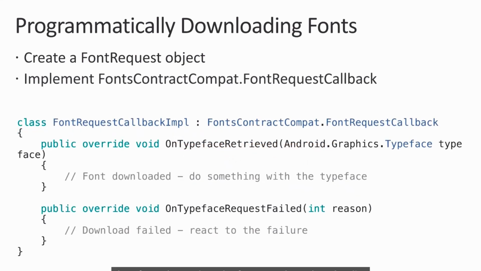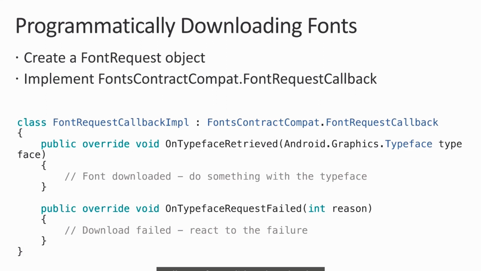Then from there, when the fonts are done downloading, Android wants to let your app know about that. So your app has to create a new class which implements the font request callback interface. And that interface has 2 methods. OnTypeFace retrieved means that the fonts are downloaded. Great, you can start using them. OnTypeFace request failed, and an integer for the reason.